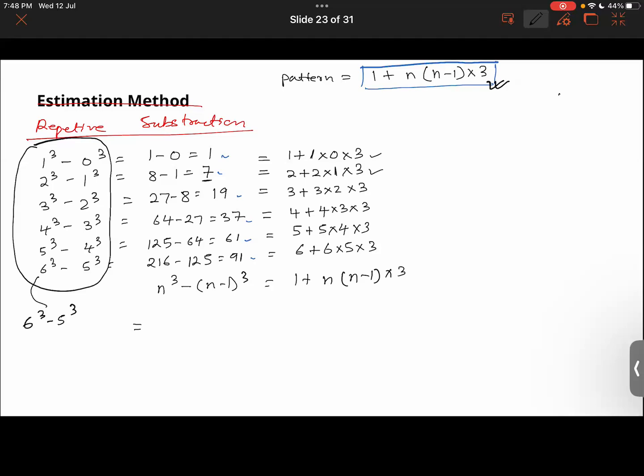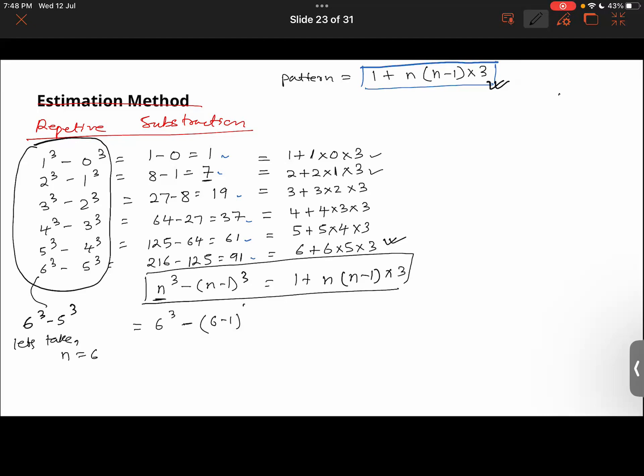If you take in place of n, if you take 6, let's take n equals 6. Now see if you put it in this formula, you get the same answer or not. So n here is going to be 6 cube, n minus 1 is going to be how much? 6 minus 1, 5.